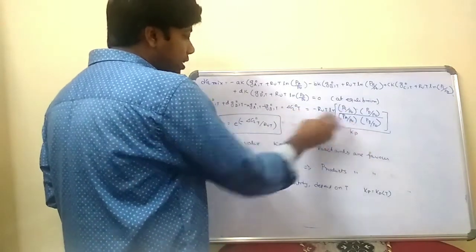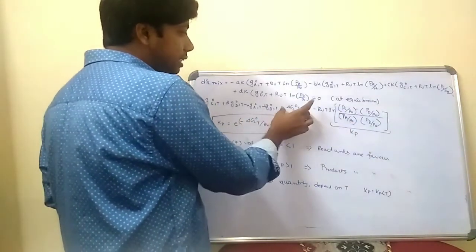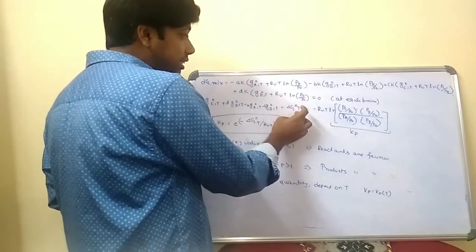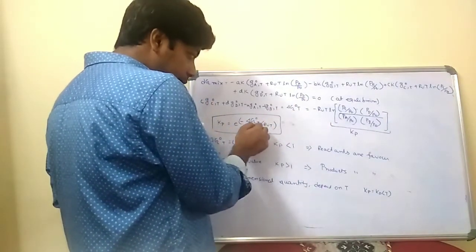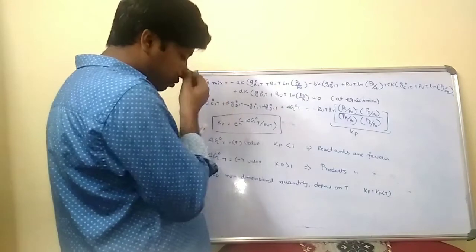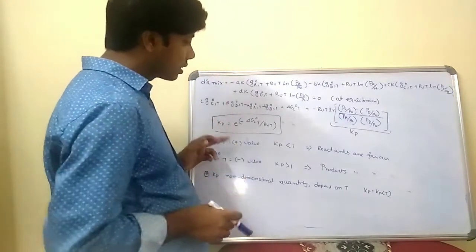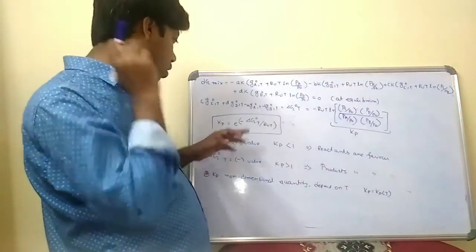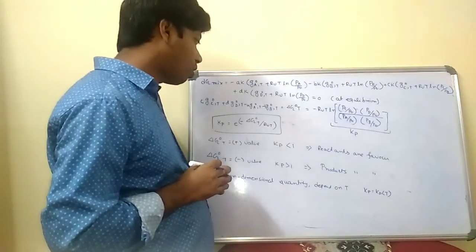From this equation you can get the value of Kp, or you can get the value of delta G naught T.